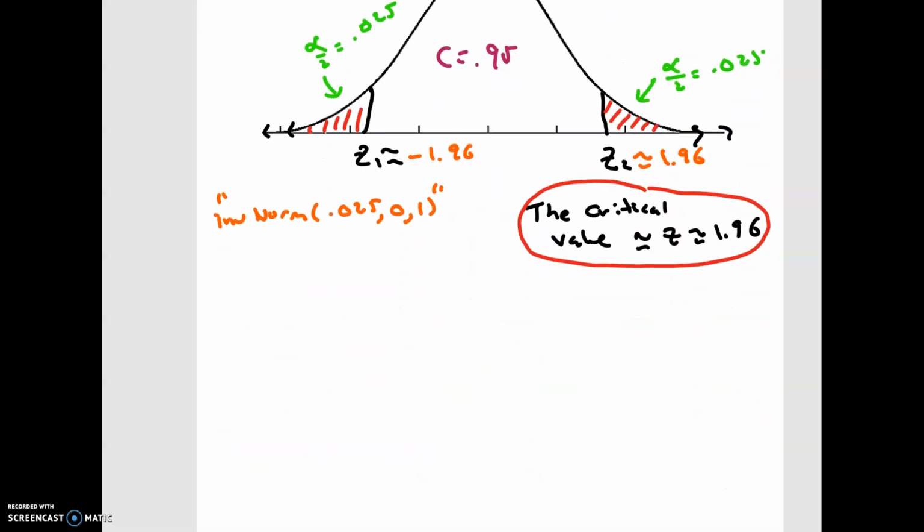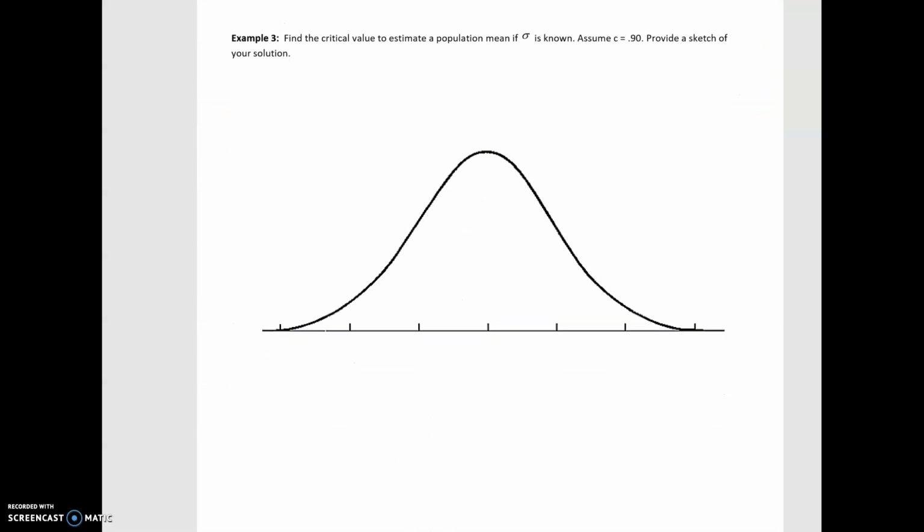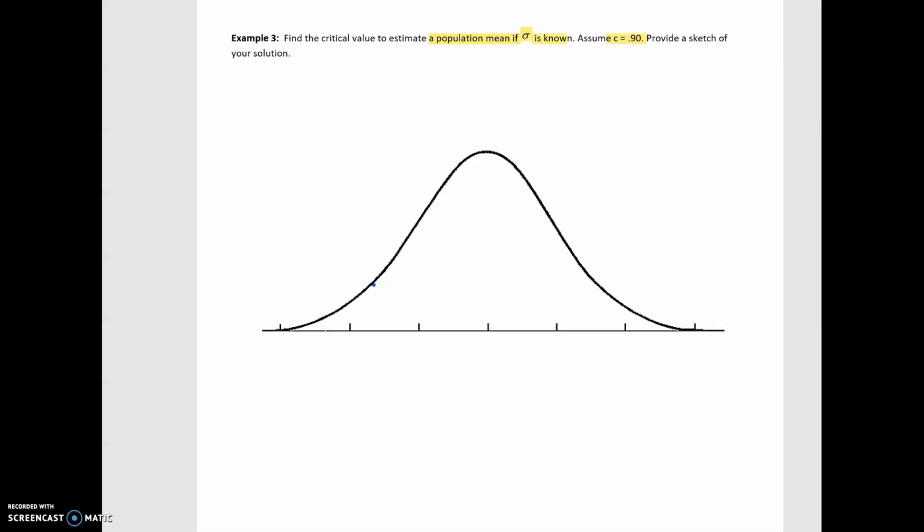Now, let's take a look at another example. In this case, example 3, and they're doing a minor change to it. We're actually looking at the value of c being 0.90, and you're estimating the mean. You have that sigma is known. So as we create the sketch of this one, this is going to be the value of z1 and this is going to be the value of z2.